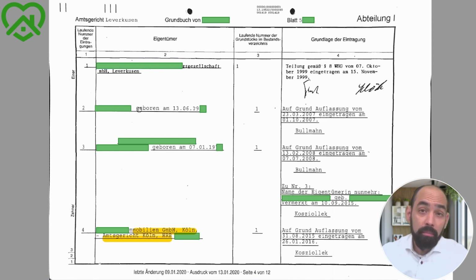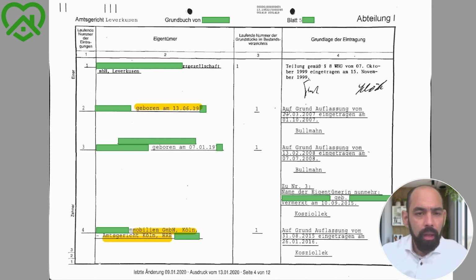If it's a person who bought the apartment or property, they also have first and last name, as well as when they were born, so that notaries can check whether that particular person is able to sell, or does he really own the property, yes or no.